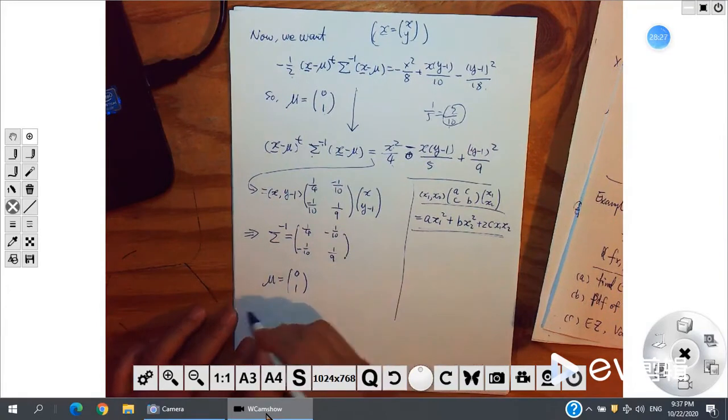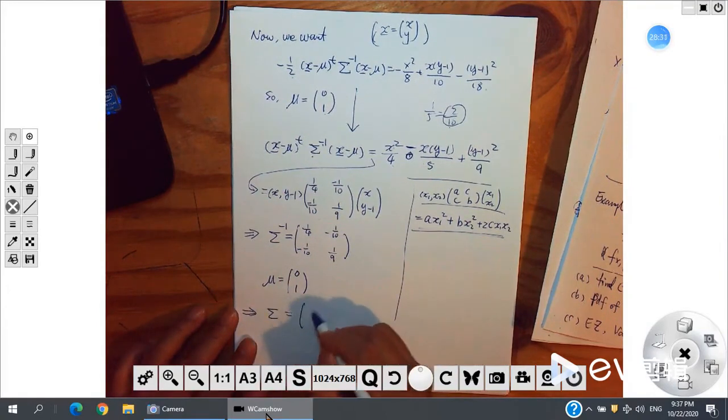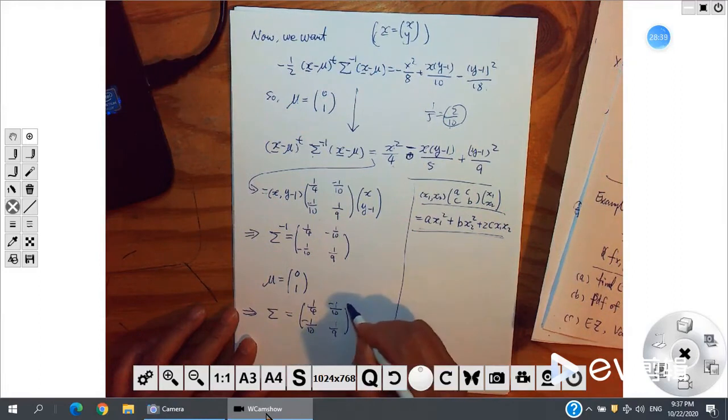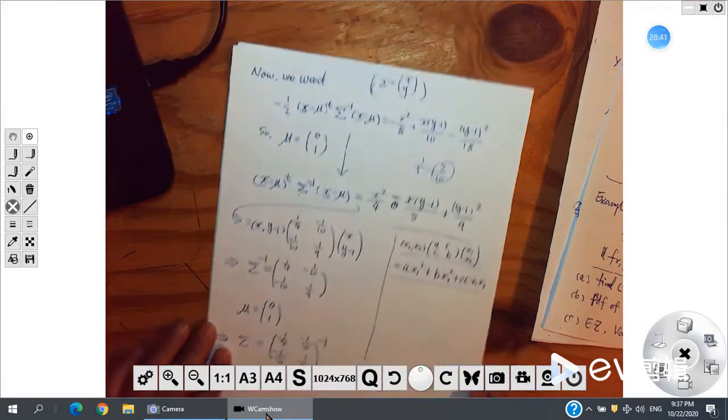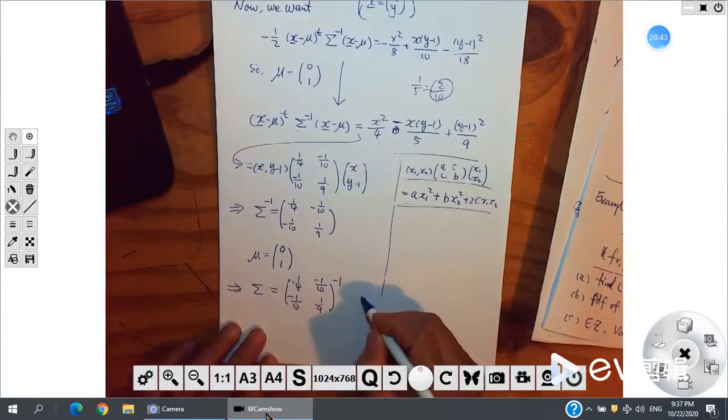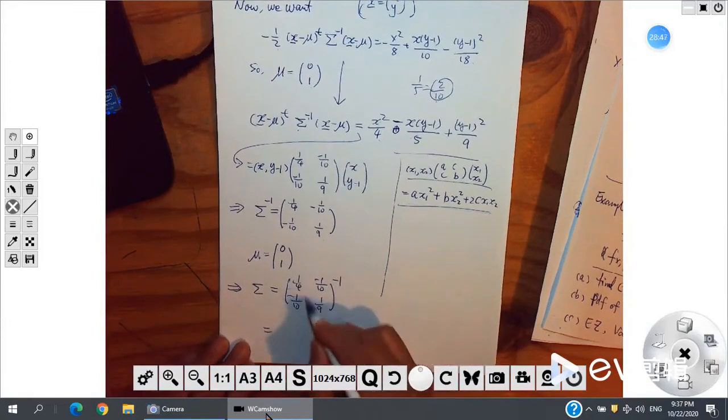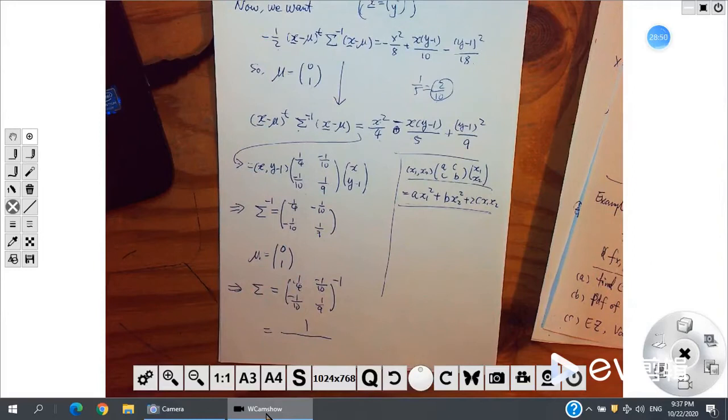And then we want to have this one. This one is 1/4, 1/10 with negative, 1/10 with negative, 1/9 with inverse. Okay, now we can calculate. This one equal to 1 over the determinant.